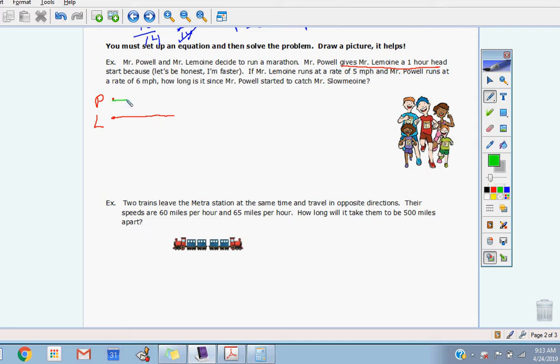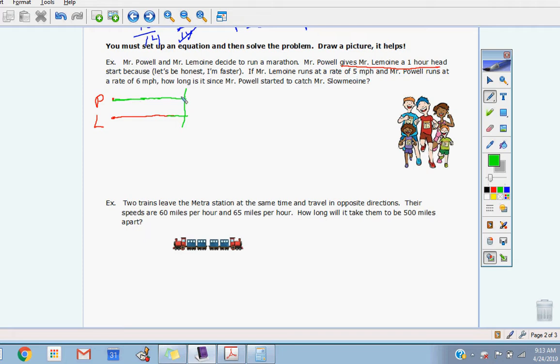But if I'm running faster, doesn't it make sense that eventually, at some point, he's gonna keep going and I'm gonna keep going, but I'm running faster. At some point, I will catch him. Well, if I'm going 6 miles per hour and he's traveling 5 miles per hour, that makes sense.